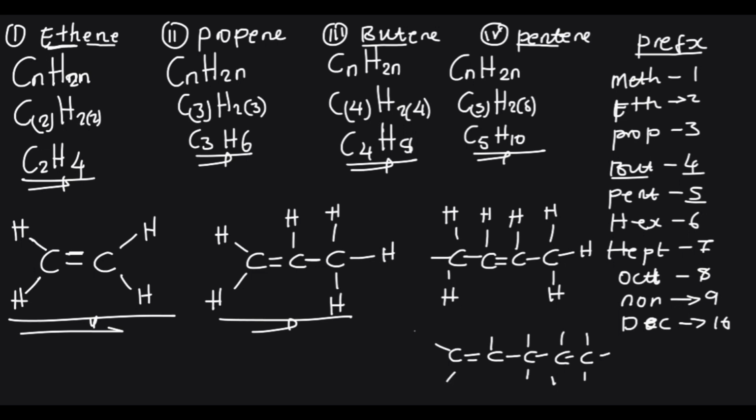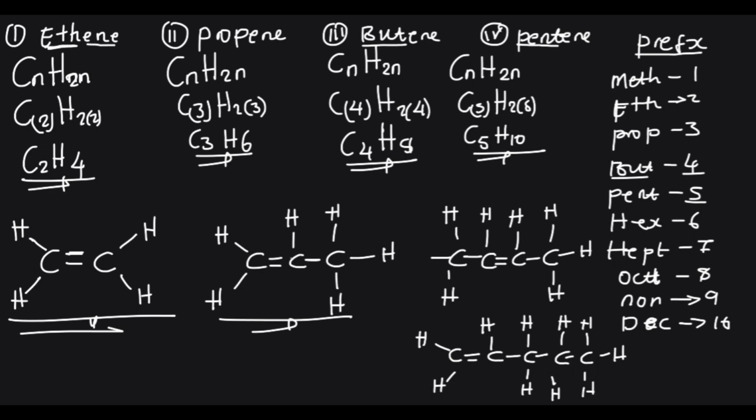Then we have our 10 hydrogens: 1, 2, 3, 4, 5, 6, 7, 8, 9, 10. So this is how to write the molecular formula and the structural formula given a name of a compound like this one, where we are not given numbers.